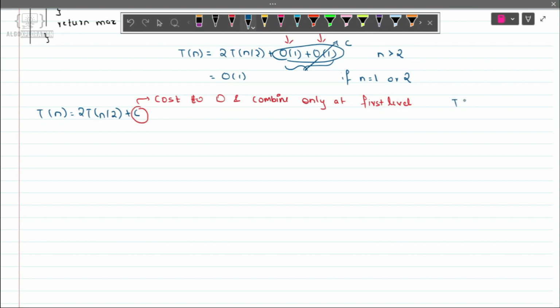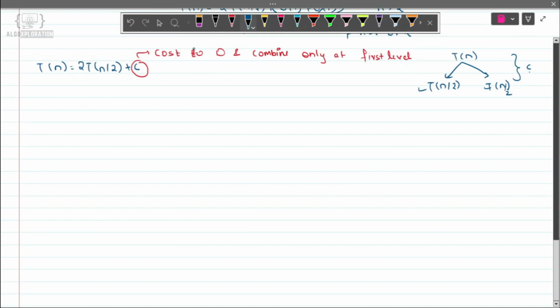That is when T(n) is calling T(n/2) and T(n/2), then at this level only the cost is c for divide and then combine. The cost for the next level will be taken by these two, and so on. So here is a task for you: find the time complexity using master theorem. But I will show you using substitution method because I have to show you some cost.